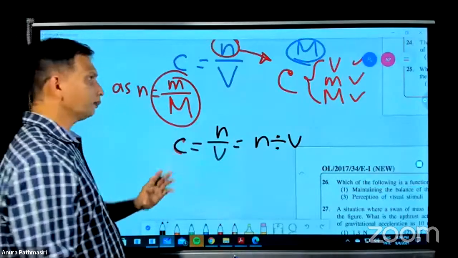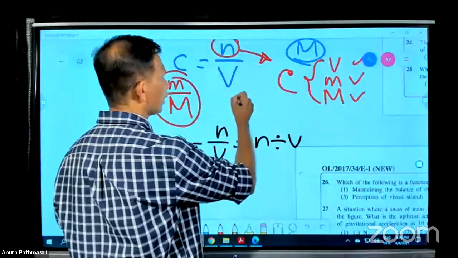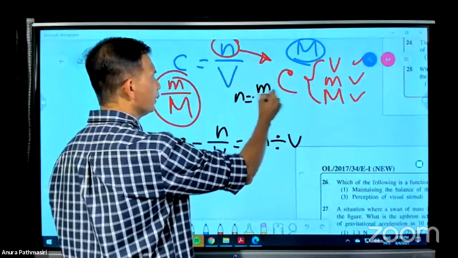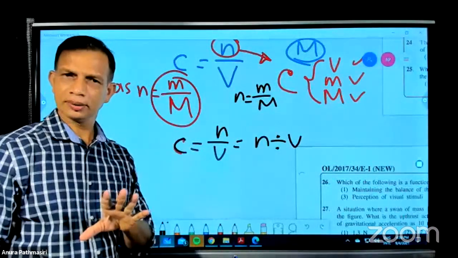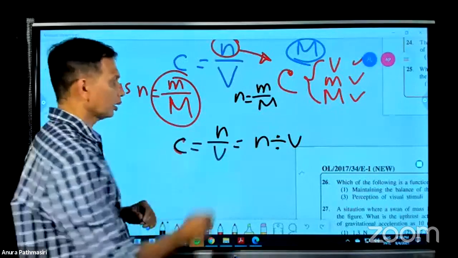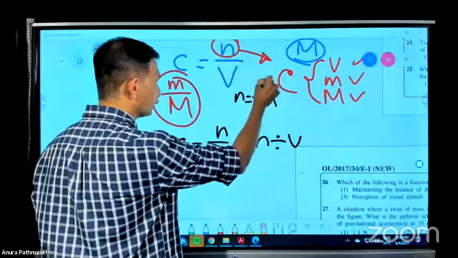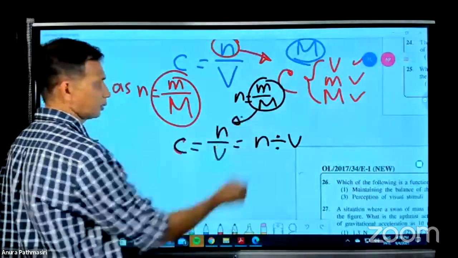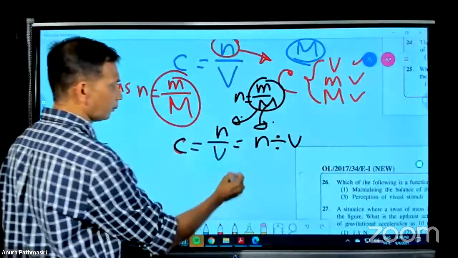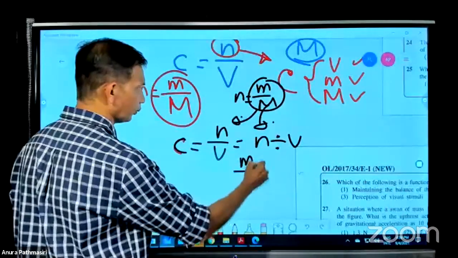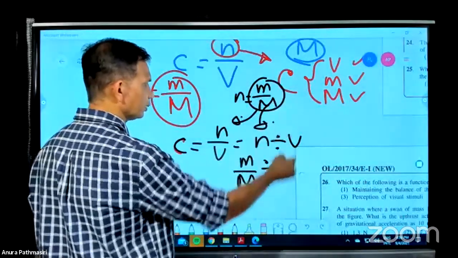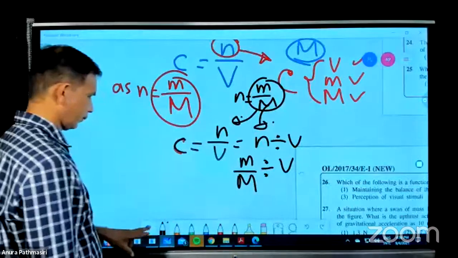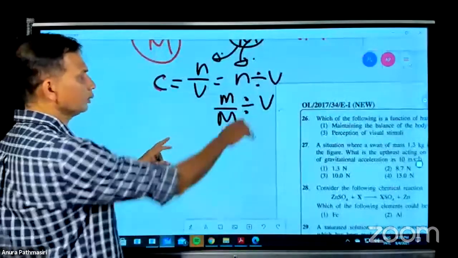Okay. n means simple m over capital M. Can you understand that? Yes, sir. Then you substitute that into this place. That means simple m over capital M divided by V. So what should you do then?